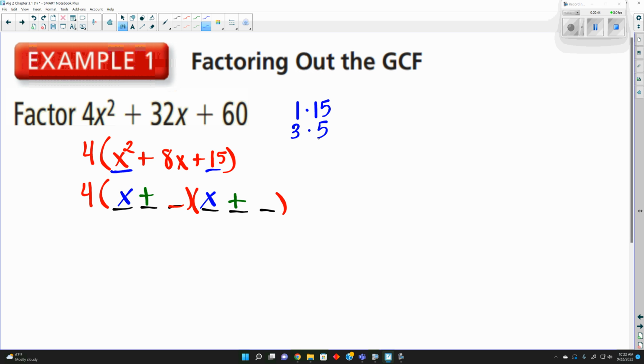A little bit, yes. And the more that you do of these, the better you'll get at anticipating what the factors are going to be, which ones are more likely going to occur. Now, looking at these here, 1 and 15, 3 and 5, which one do we want to try first?